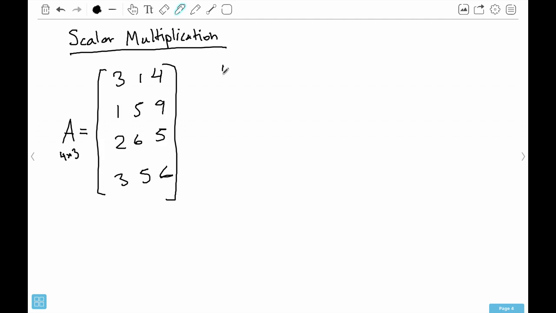So I can do A plus A, and that has double of A. That takes all the values in A and just adds them to itself. So this 3 is 3 plus 3, which in A plus A the resulting matrix will be 6. Then this is 2, so we just end up doubling all of these values just by taking two copies of A and then adding them together.